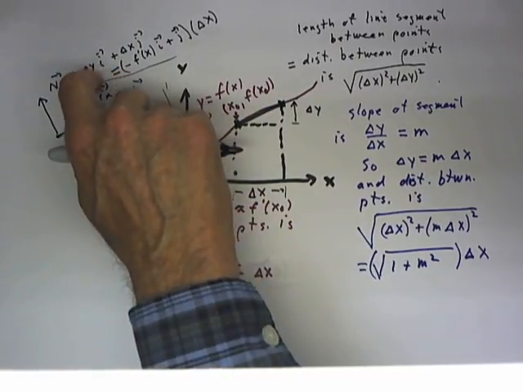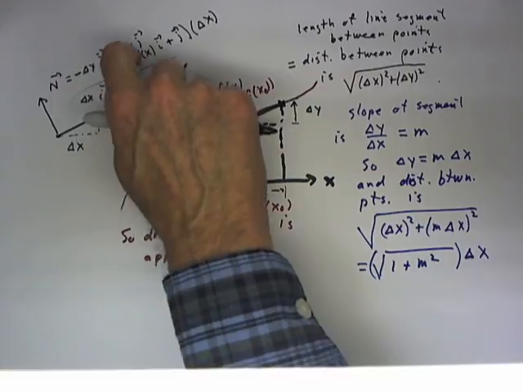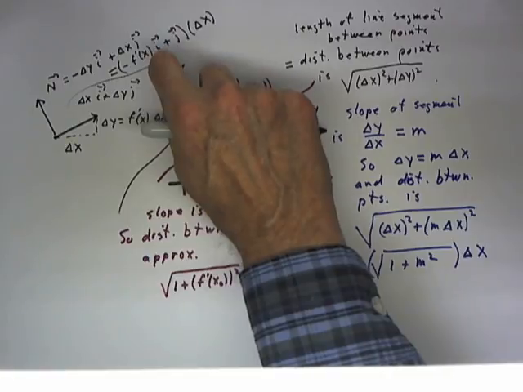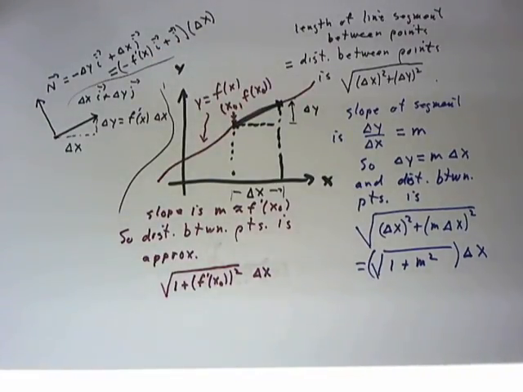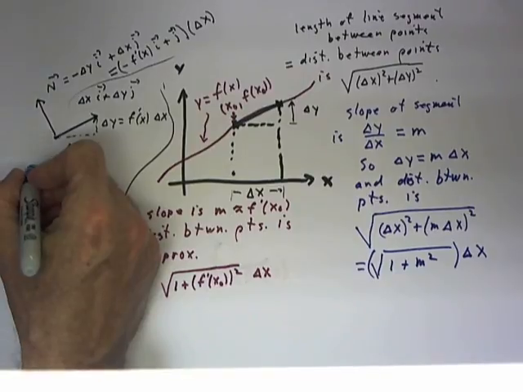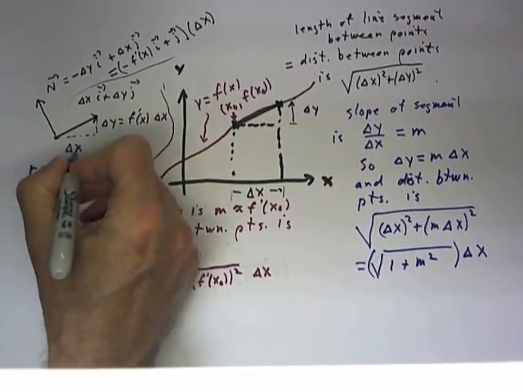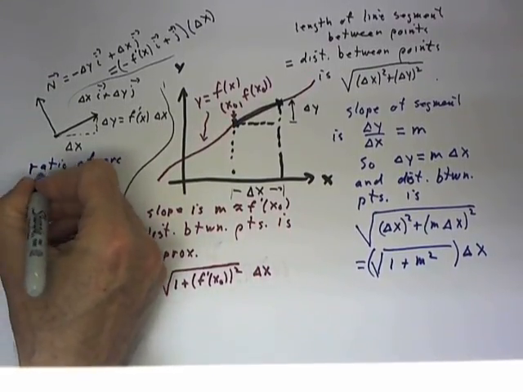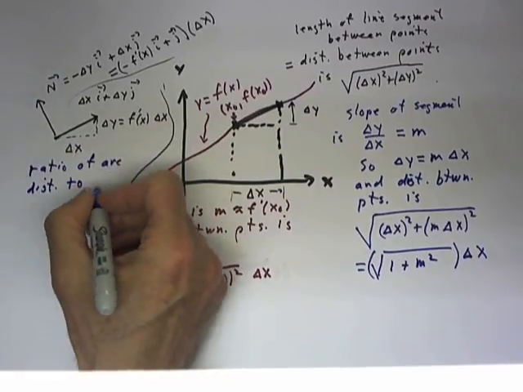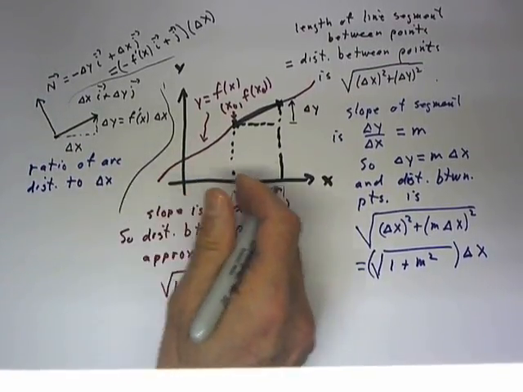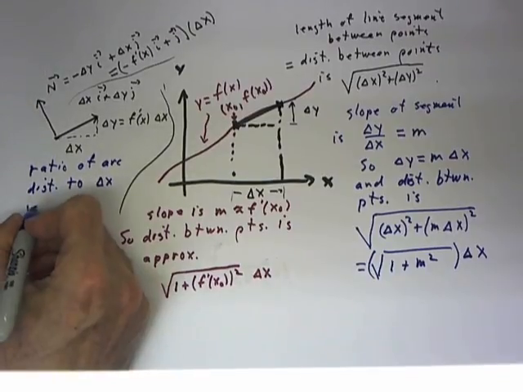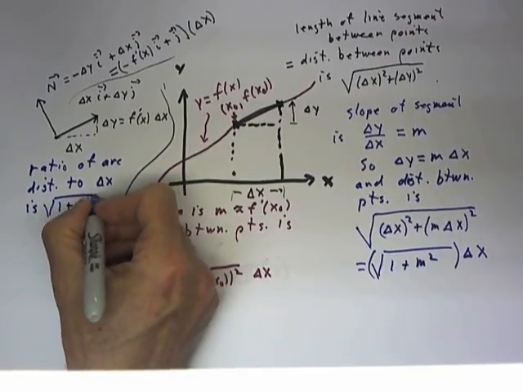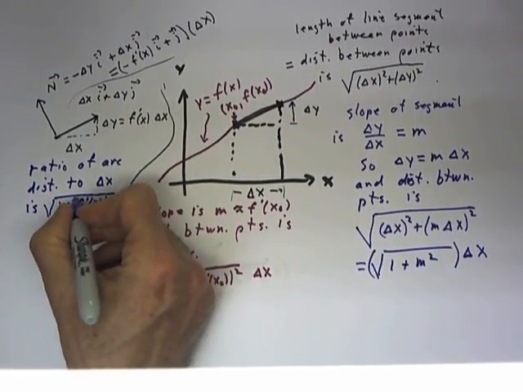So if we write delta y that way, we'll have a delta x in both terms, which we can factor out, leaving us negative f prime of x i plus j. The ratio of the arc distance to our delta x down here along the x-axis is square root of 1 plus f prime of x squared.